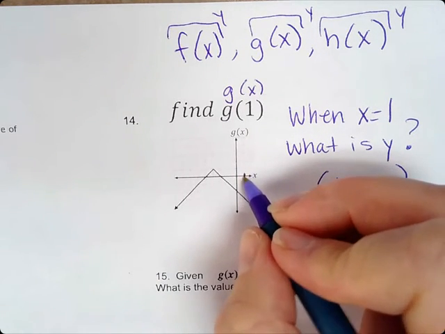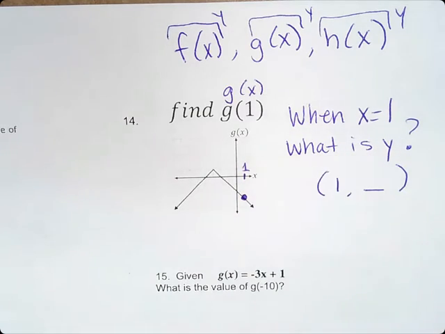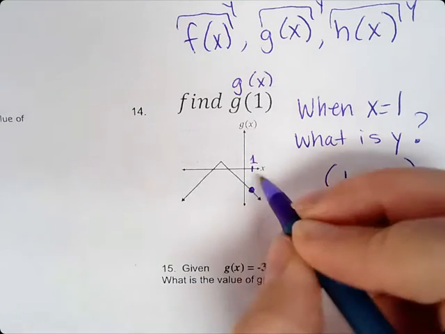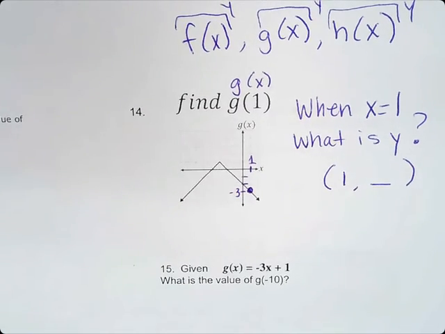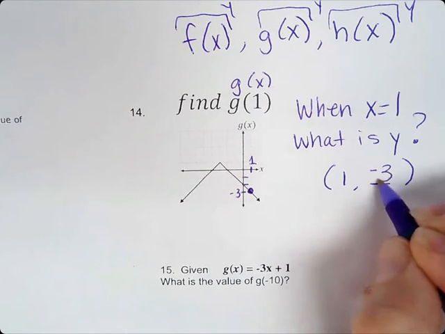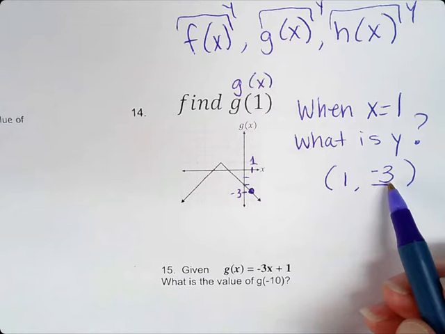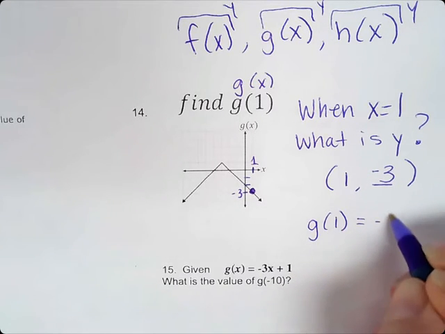So x being 1 is right here. Find out what the y value is. So it's that coordinate. And y is -3. So when x is 1, y is -3. So we can write this as g of 1 equals -3.